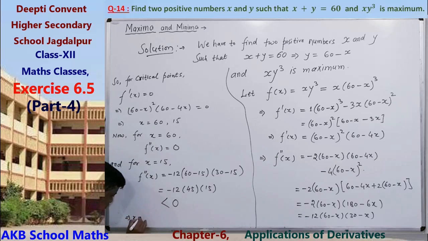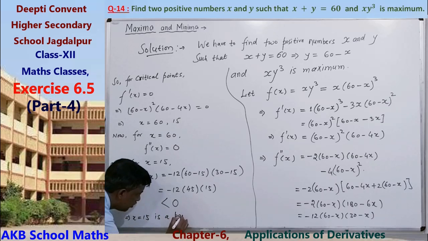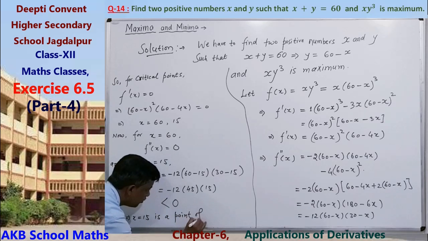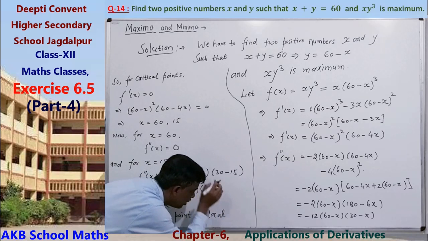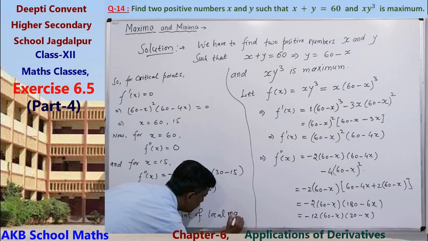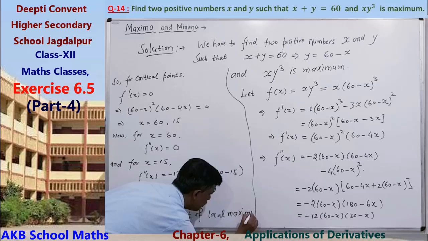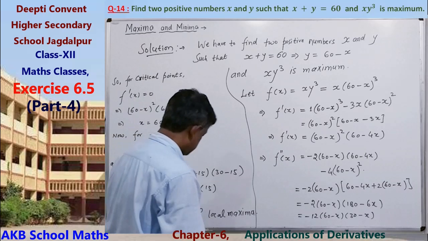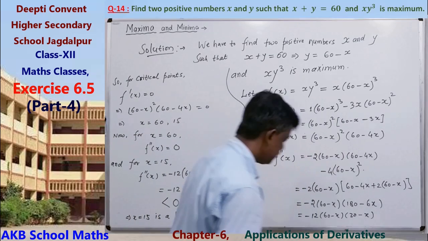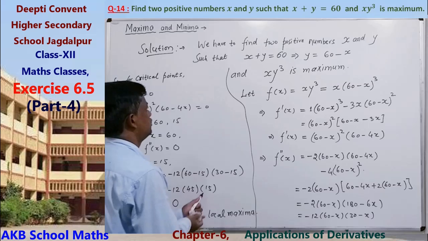This implies x equals 15 is a point of local maxima. Okay? And this point gives the maximum.